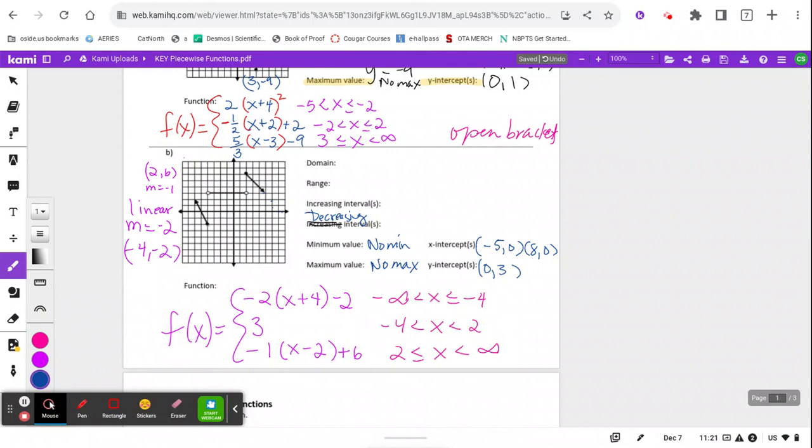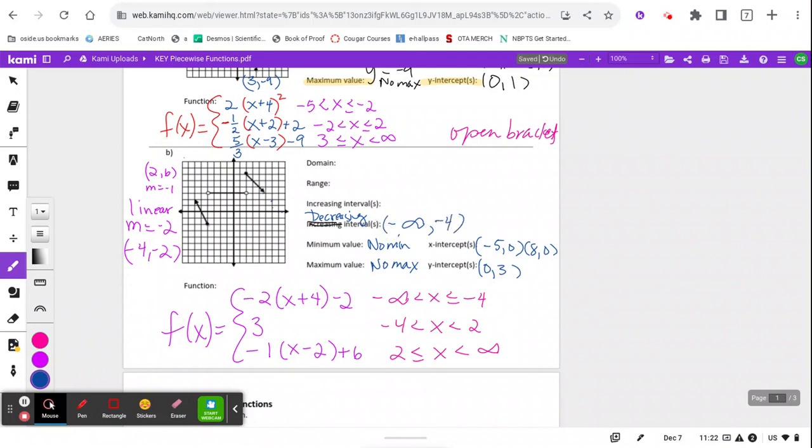Decreasing interval, where is your graph going down? Now this throws students off because this arrow is increasing to infinity, but I'm still going downward on the slope. That confuses some students. So our decreasing interval is going to be from negative infinity to negative 4.